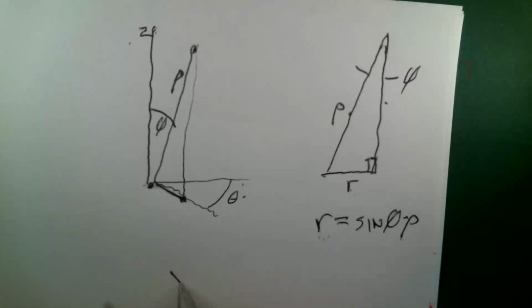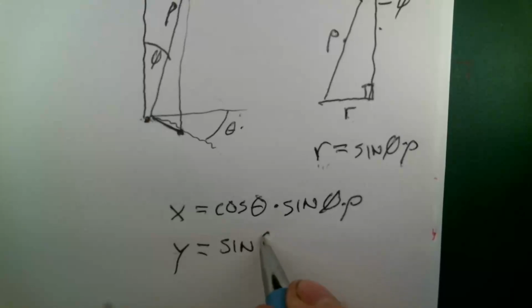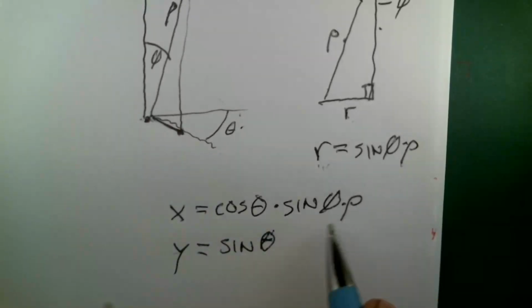So x is the cosine of theta times r, which is the sine of phi times rho. Similarly, y is the sine of theta times r, which is sine phi rho.